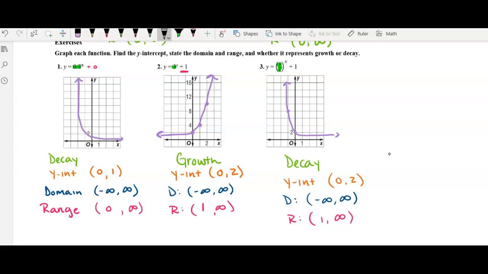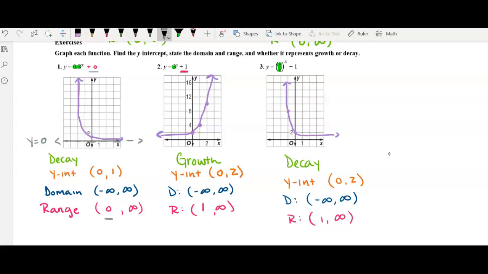So in this original function, we're not adding or subtracting a constant. So the horizontal asymptote is at y equals 0, because the graph is going to level off at 0, but it's never going to cross 0. It's never going to be negative. So the range, the y values, go from 0 off to infinity.